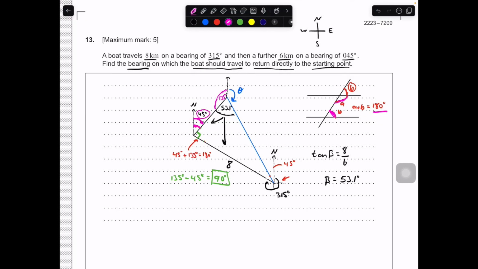So if we know this is 135, we know this here is 53.1, we have this relationship in the end. 135 degrees plus 53.1 degrees plus theta, what we're trying to solve, has to equal 360 altogether. You can solve this or just take away from 360 degrees. 360 minus 53.1 minus 135 tells us that we need to set off on a bearing of 171.9, or to 3 sig figs, 172 degrees.